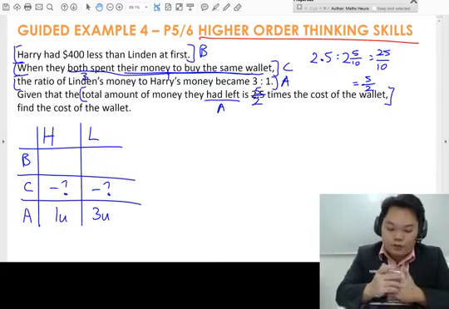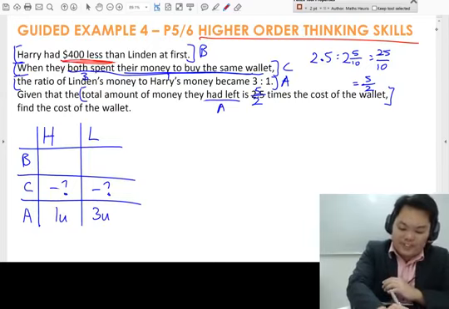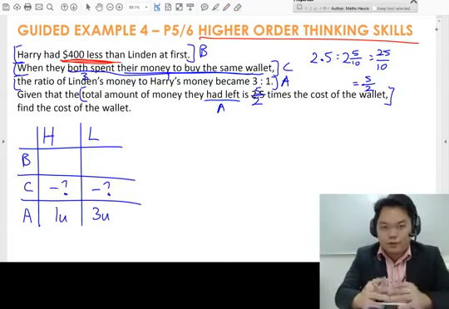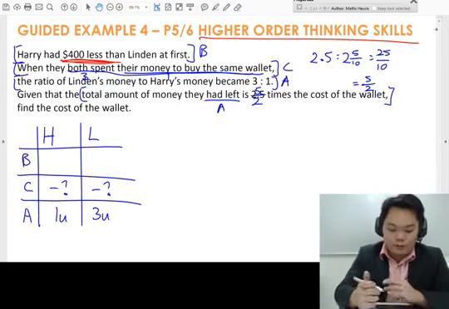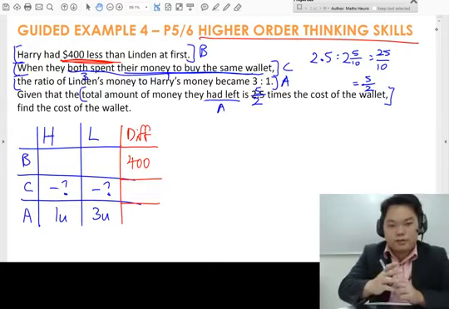The next thing is that this $400 less is actually also referring to the difference. It's just that they don't tell it to you explicitly. But this difference is 400.